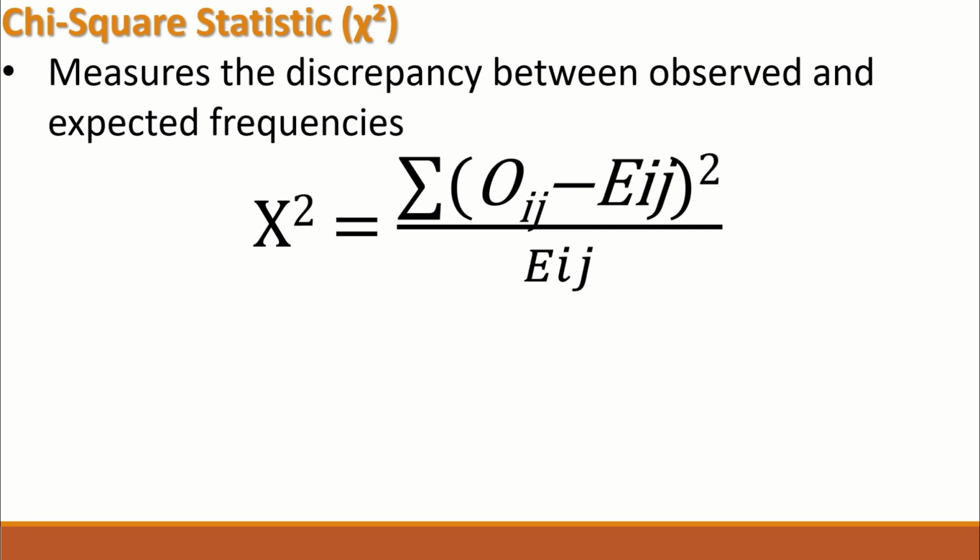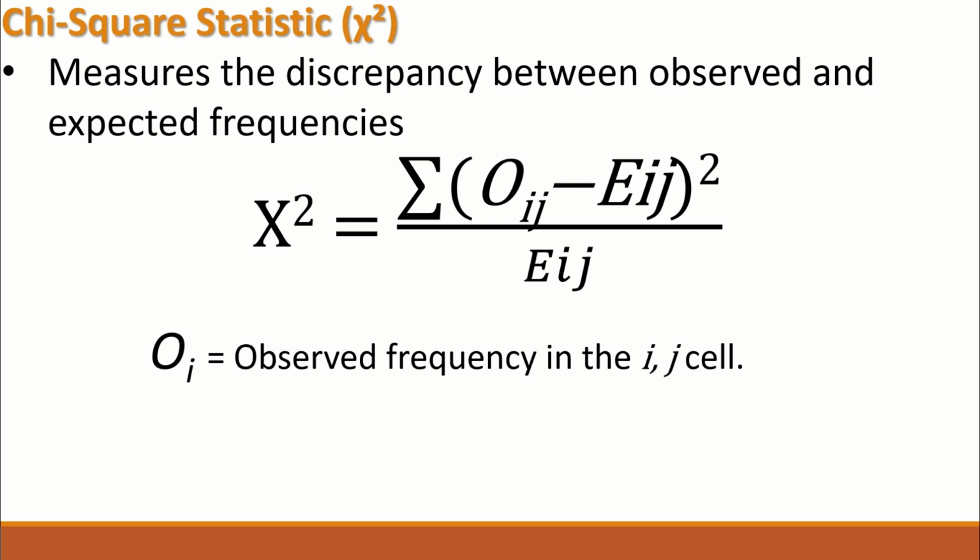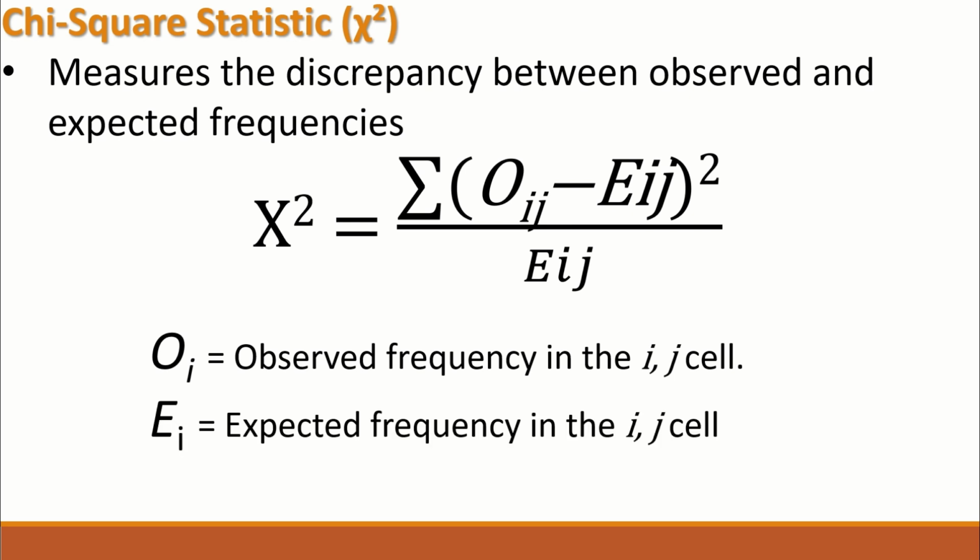Chi-square equals the summation of (O minus E) to the power of 2, divided by E. So O is the observed frequency in the cell, and E is the expected frequency in the cell.